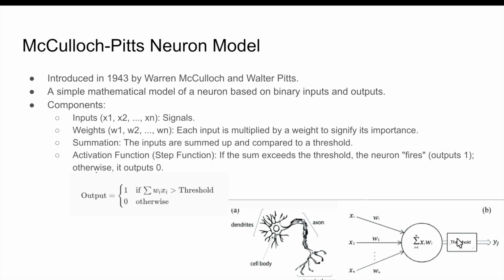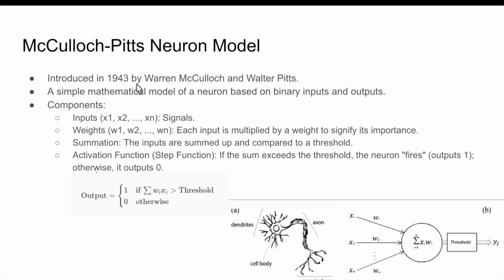Based on the threshold, the output will either be 0 or 1. If it is greater than the threshold, then the output will be 1. If it is lesser than the threshold, the output will be 0. This is the simplest model, which was made by McCulloch and Pitts in 1943.